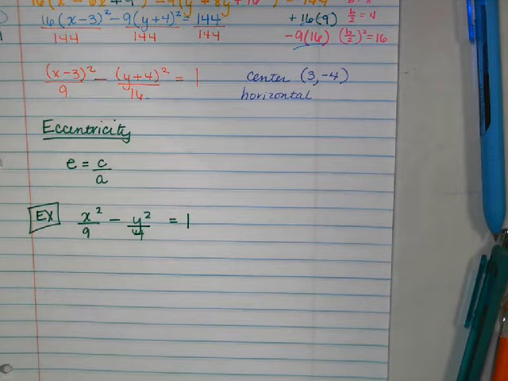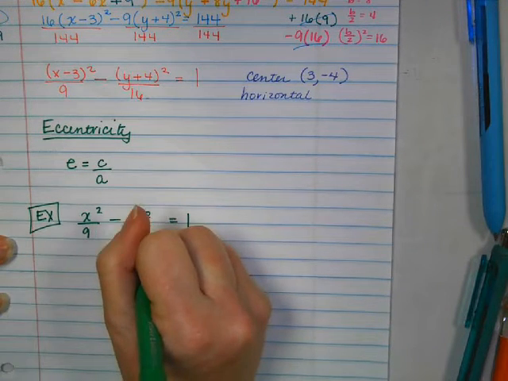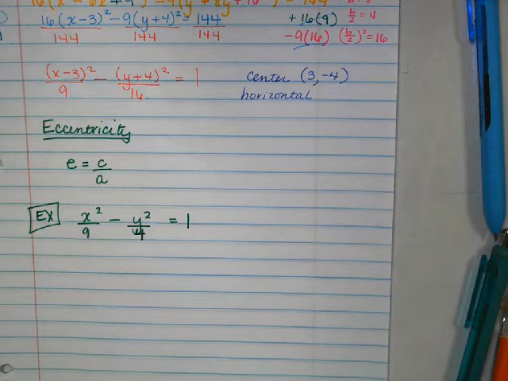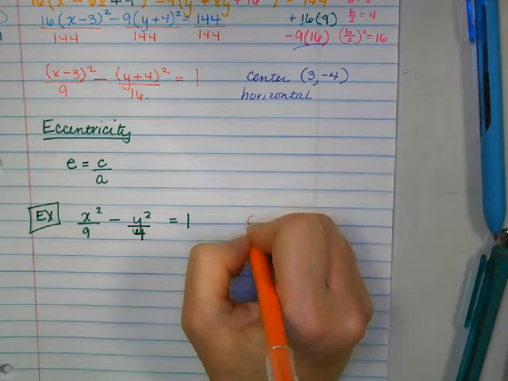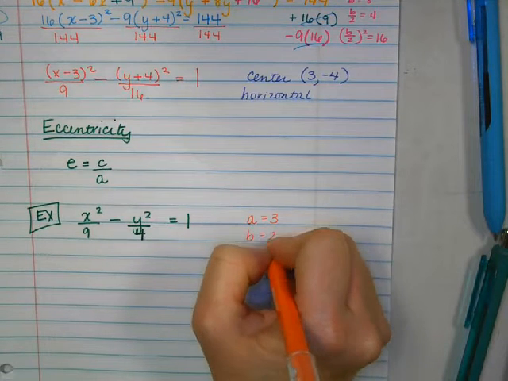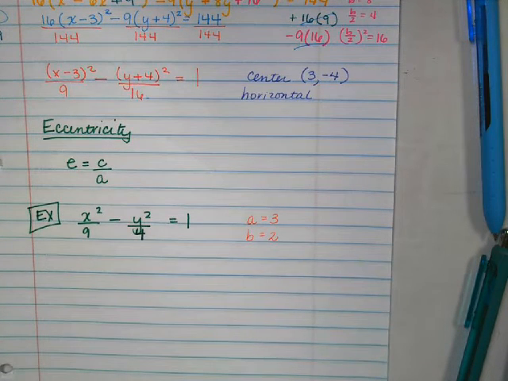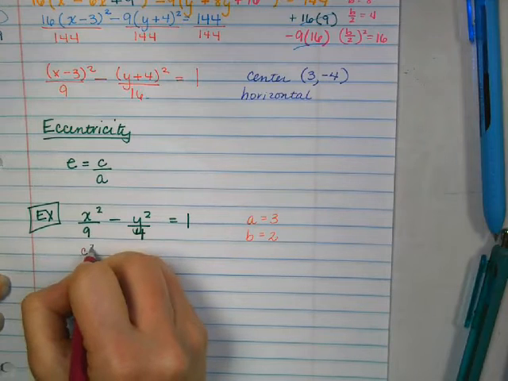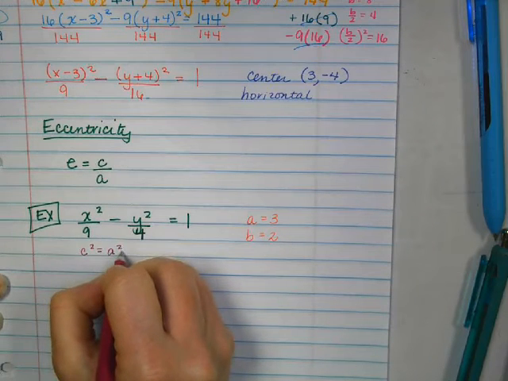Is that a 400? It is. I'm sorry, I mixed it in with my y there. All right, so let's find our a, b, and c value. What is your a? 3. And your b? And let's calculate our c. So c squared equals a squared plus b squared.